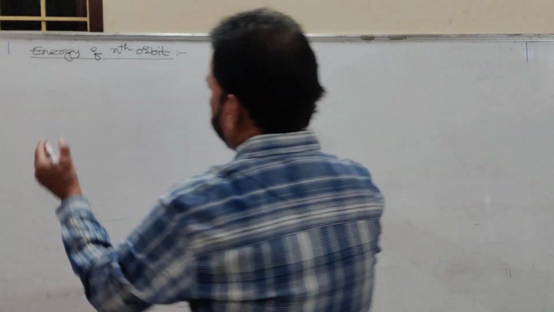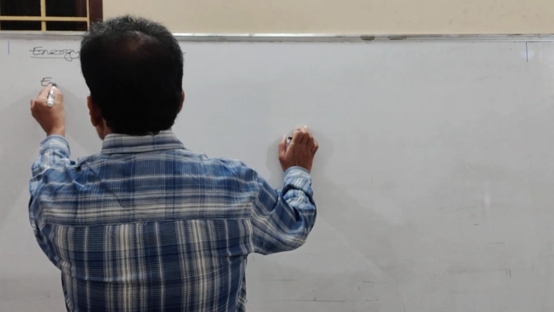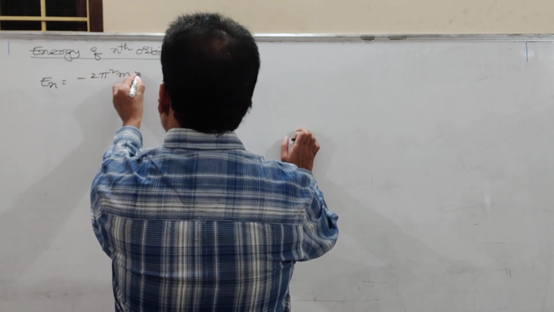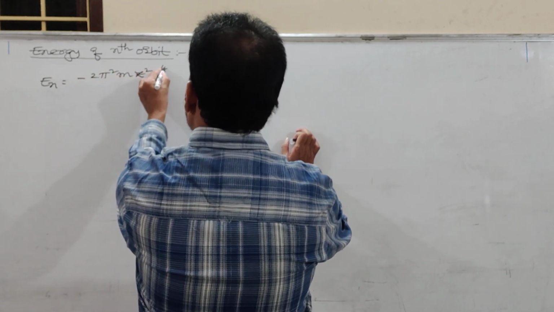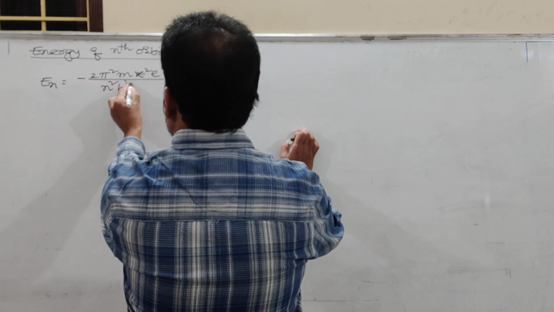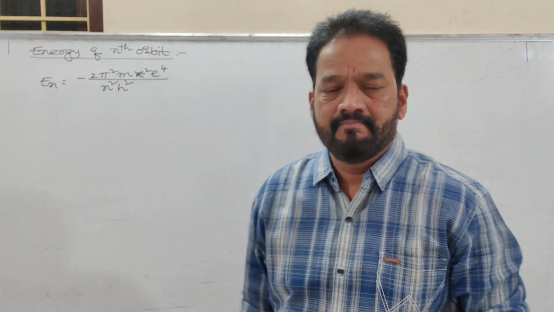Niels Bohr has given an expression for calculating the energy of the nth orbit, that is En is equal to minus 2 pi square m Z square e to the power 4 divided by n square h square. This is the energy expression.